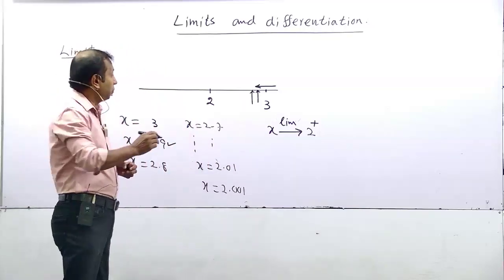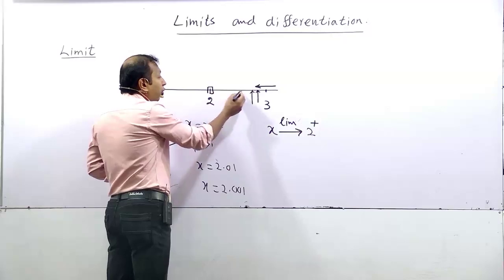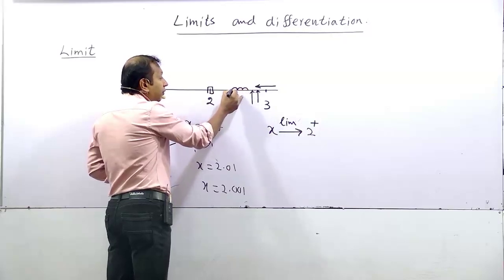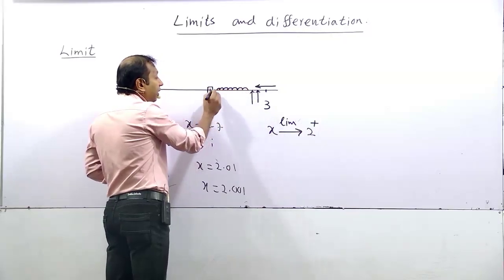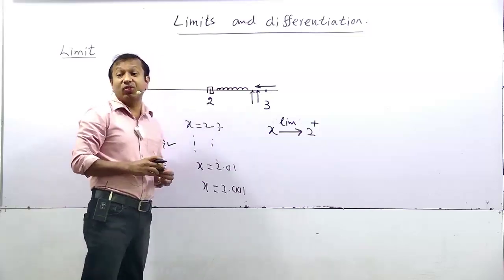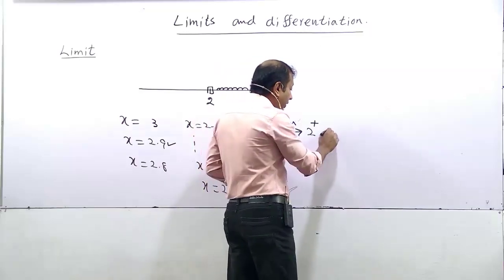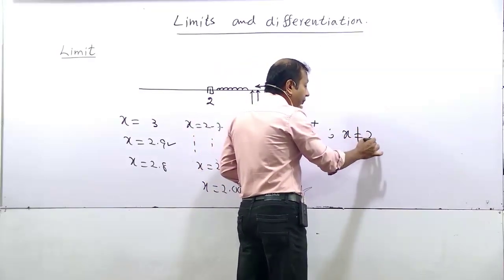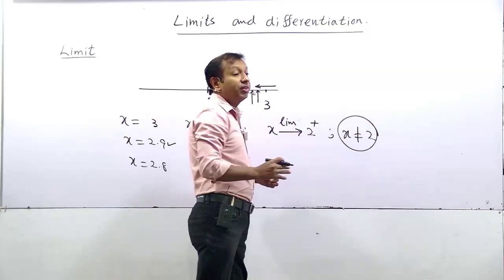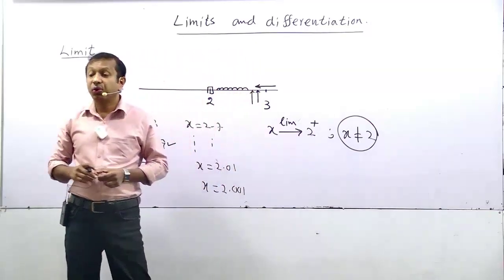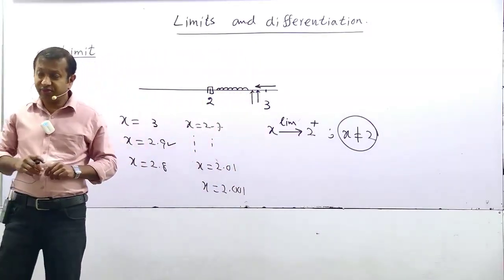X is coming to this 2 from its right hand side, but this x never takes 2. This does not mean x equals 2. No. X is going closer to this 2 as much as possible.